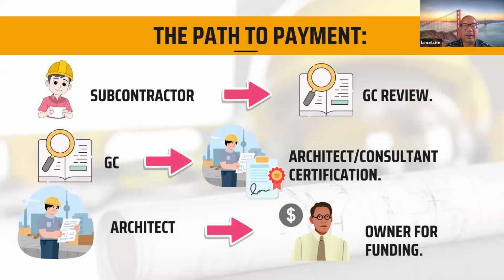After that, let's say everything's okay, the general contractor then submits the pay application to the architect or consultant. It could be a construction manager for certification. Okay, and when everything is okay, the architect would submit the pay application to the owner for funding or to get paid.